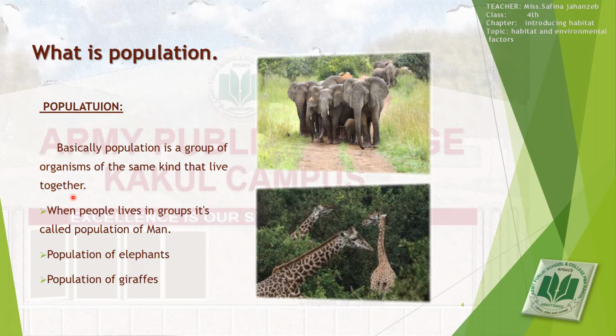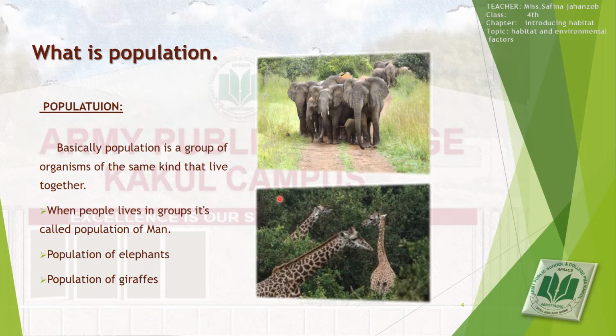Students, if we define population through examples, the first example is when people live in groups, it is called the population of man. The second example is a group or population of elephants. And the third example is the population of giraffes.